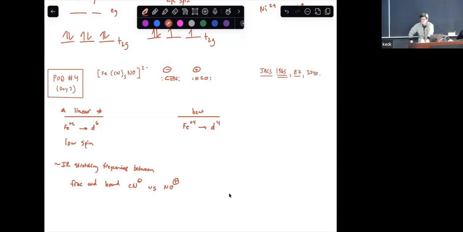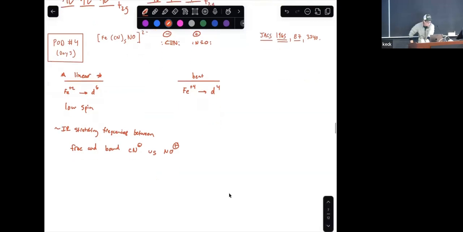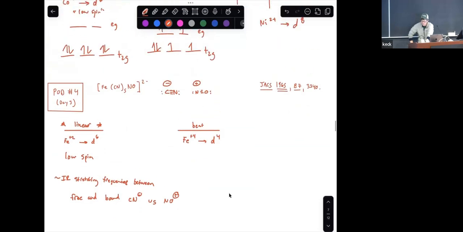Yeah, Eugene. Sorry, just a question about the electron counting for the bent. If it's bent, wouldn't that mean it's an X type ligand? So then you'd have 6 X type ligands, 2 electrons. Does that come out to 4? Exactly. So you've got 6 in this case. In the bent model, it's 6 X type. And then the overall charge of the complex is -2.